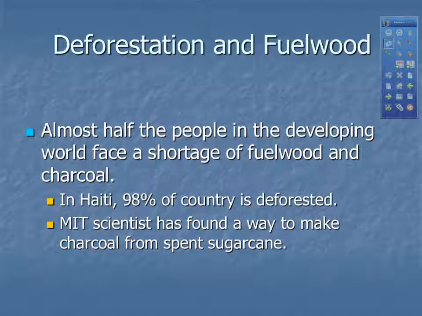So half of the people in developing countries are short of fuel. 98% of Haiti, for example, is deforested. MIT scientists have recently found a way to make charcoal from used sugarcane, so that's a great way to reuse and recycle materials. But that's where deforestation comes in: these developing countries where a lot of the rainforests are are very short of fuel and need that for cooking, for warmth, for whatever.